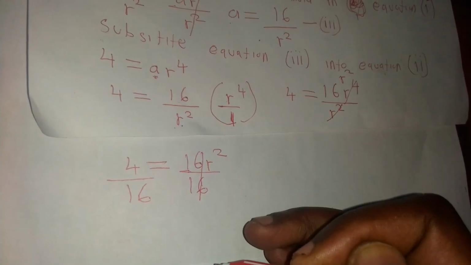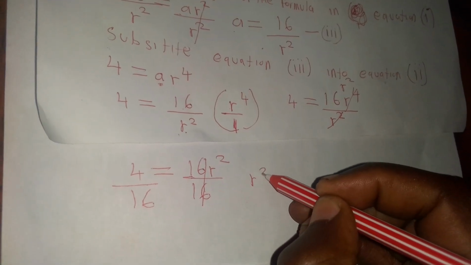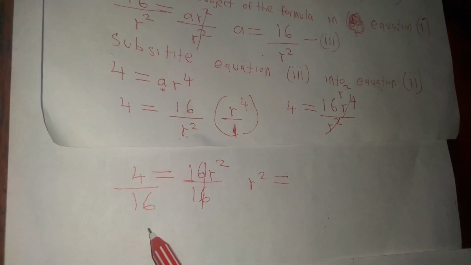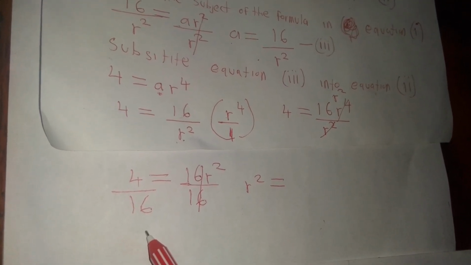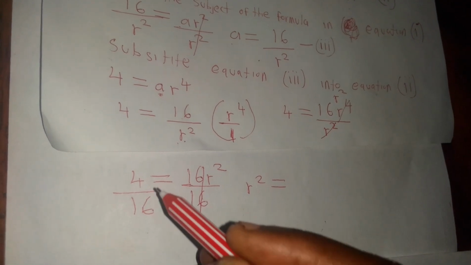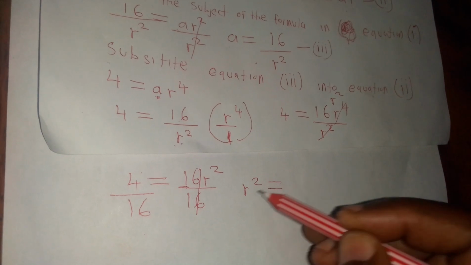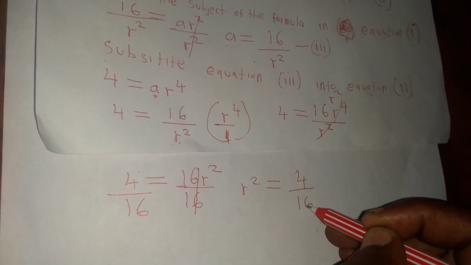Then I cancel. You see that? When I cancel, what remains is R squared equals 4 over 16. I'll just take it the way it is.